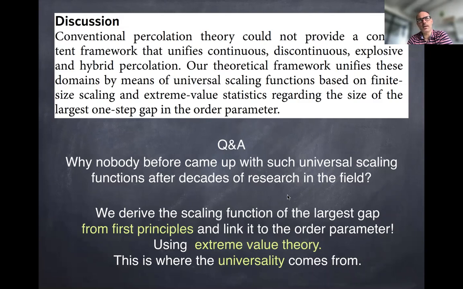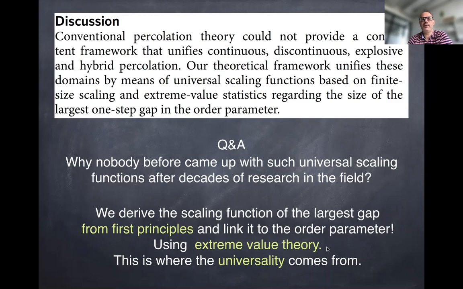So you cannot really use extreme value theory, or can you? Or what is extreme value theory? Or actually, why did nobody before come up with such a universal scaling function after decades of research in the field? What we do is derive the scaling function of the largest gap from first principles and link it to the order parameter. Okay, so that is the trick.